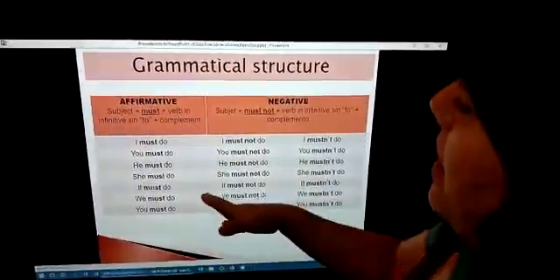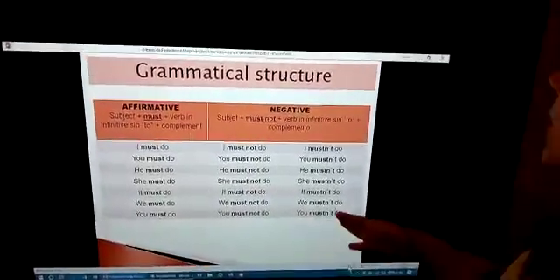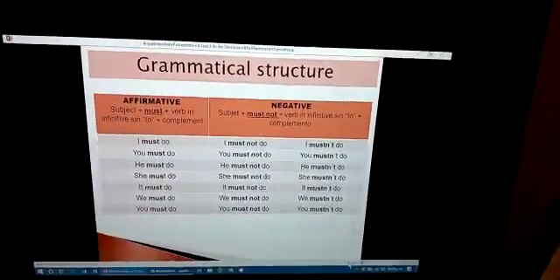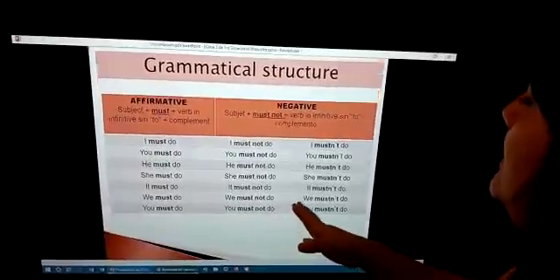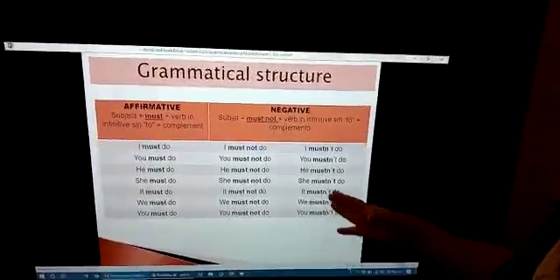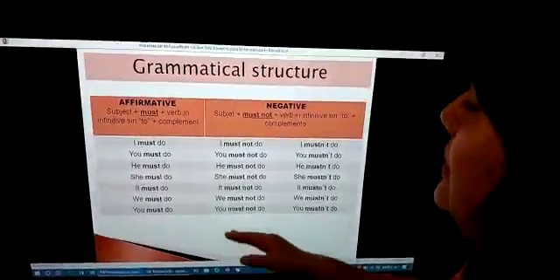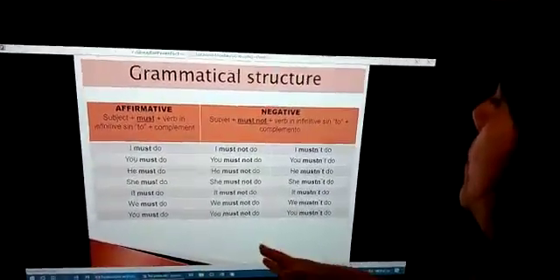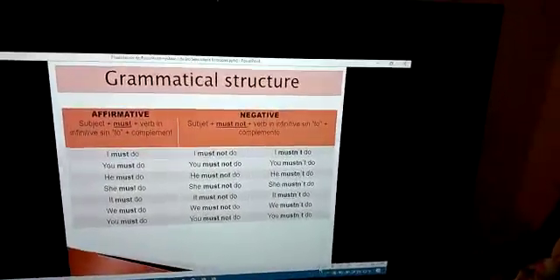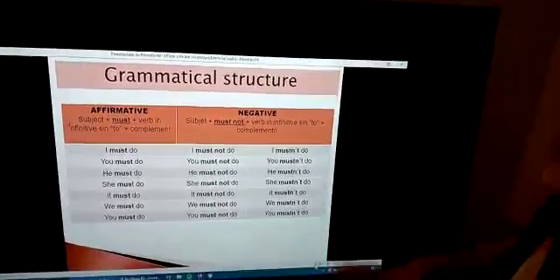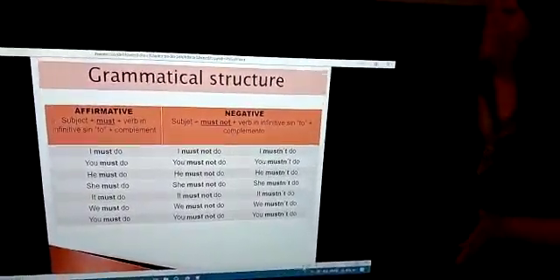It must do, it must not do or it mustn't do. We must do, we must not do or we mustn't do. You must do, you must not do or you mustn't do. They must do, they mustn't do. This is the grammatical instruction, affirmative and negative. Okay? Next.